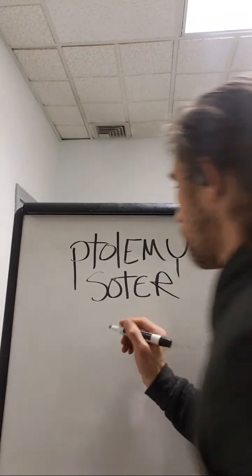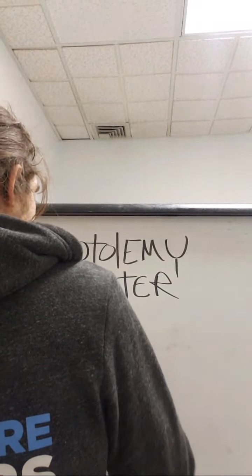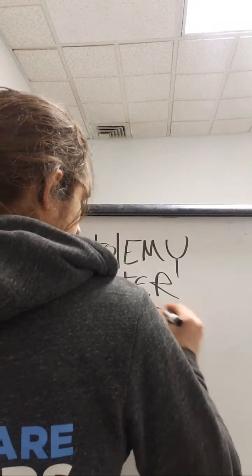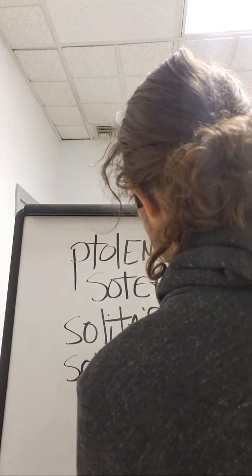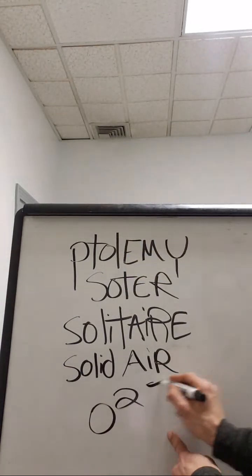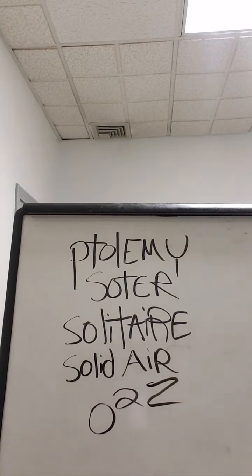But in Ptolemy Soter, you also can kind of, I was thinking about solitaire. And that makes me also think of solid, back to the Wizard of Oz, and air. Because air, we see that O2, which is like that Oz, because the 2 also resembles a Z. And back to delving into the Adam and Eve thing.